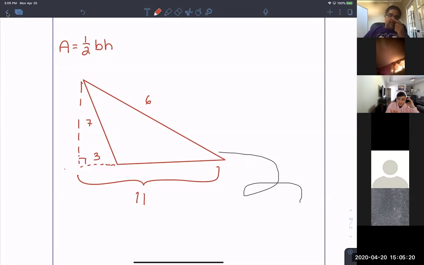Okay, calculate the area of this triangle, please. Calculate the area of this triangle. 10.5.